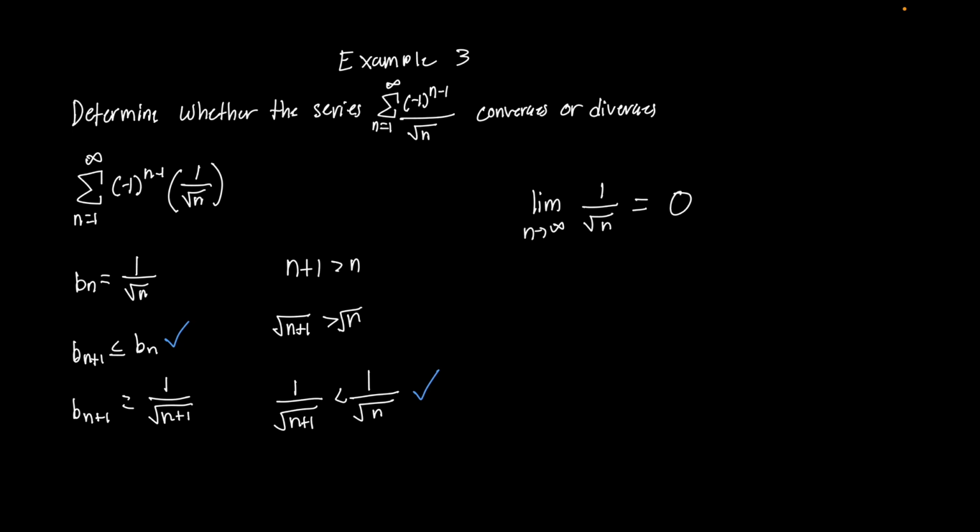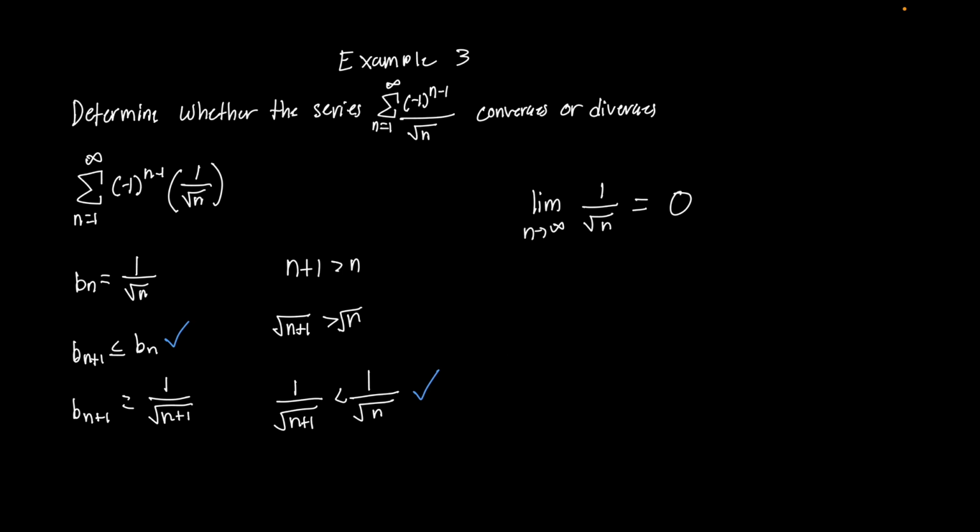If it doesn't make sense to you, then let's break it down. Let's just take the limit as n approaches infinity of the square root of n. We know the square root of infinity is just infinity. Therefore, this means it's infinity, and 1 over infinity is just 0. So that's how we got that. So we checked both conditions.